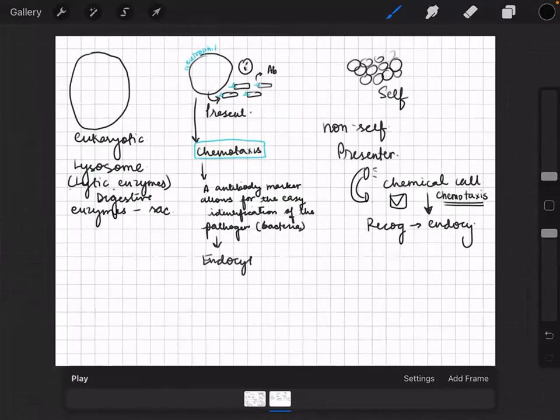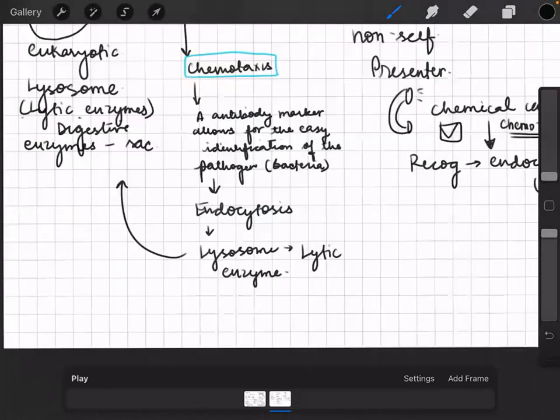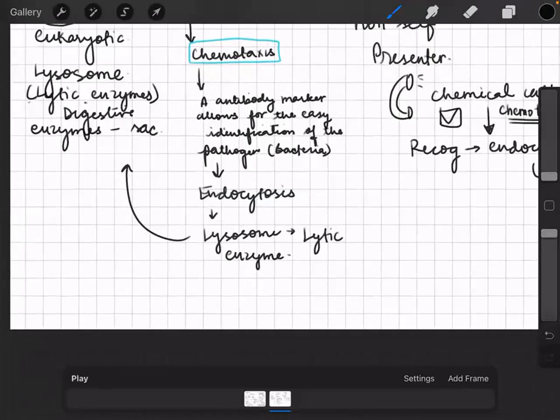Now once this cell has been identified because of the antibody marker that exists, the process of endocytosis will take place. The cell will be engulfed by your macrophage, and then upon being engulfed, the lysosome, the cell that we just spoke about over here, is going to break open and the lytic enzymes are going to kill that particular bacterium. Now if the bacteria is going to be digested, all of these materials of the process of digestion of that bacteria are again going to be thrown out of the cell.